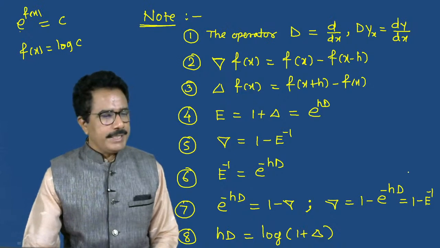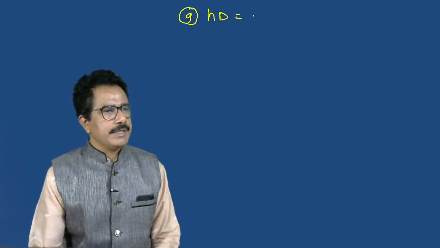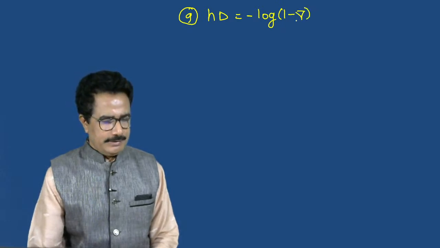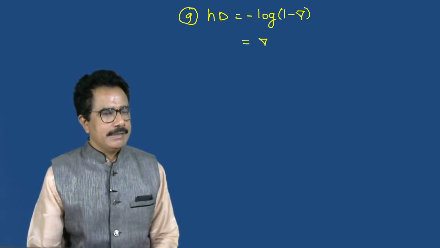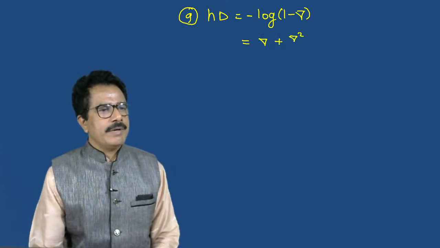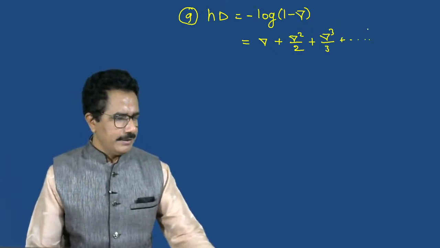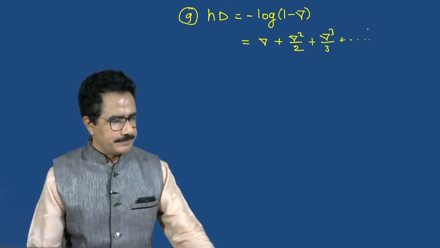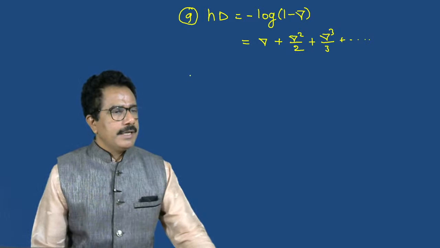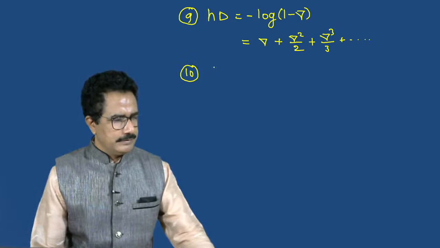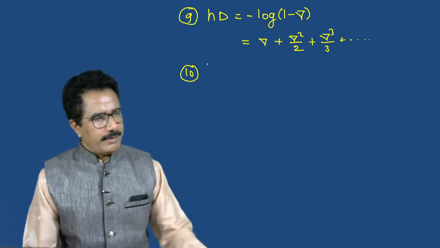Now hD is also equal to minus log of 1 minus del, which is also given by del plus del square divided by 2 plus del cube divided by 3 plus so on. In this way we can write the difference operator. Okay, no problem, we have solved this.